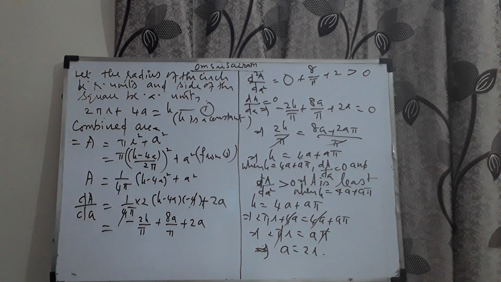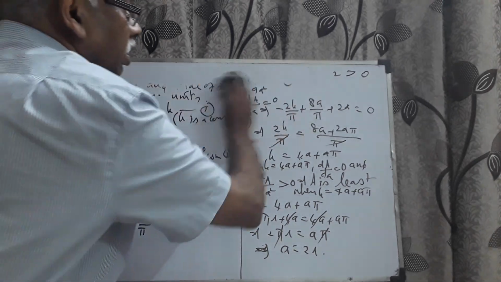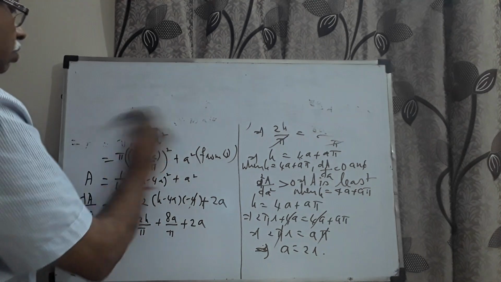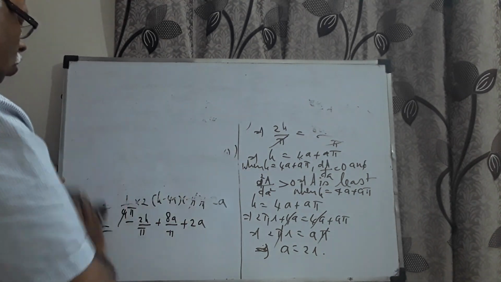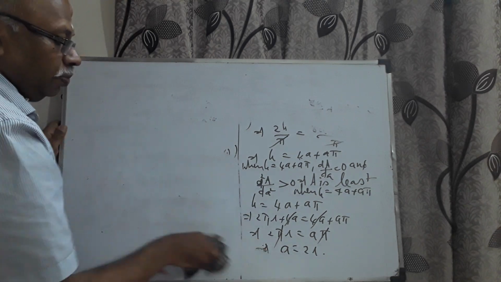I haven't written the final steps, etc. Remember carefully, any such situation may be given accordingly. You'll be having two different variables. Bring one variable in terms of the other, and then think of the first derivative, second derivative. For local minimum, first derivative should be 0, second derivative should be positive.